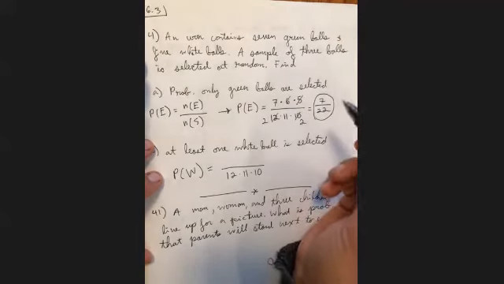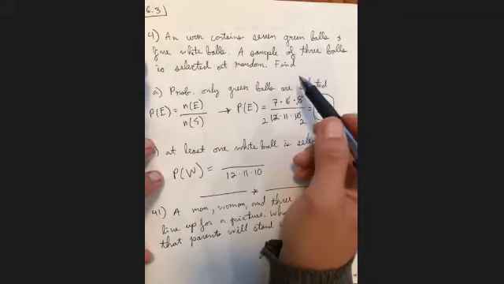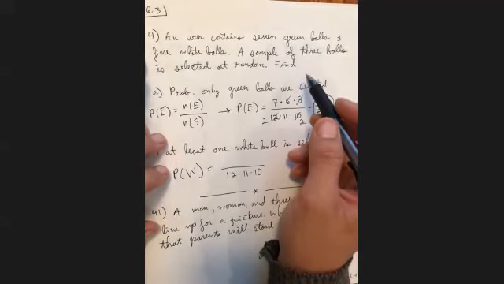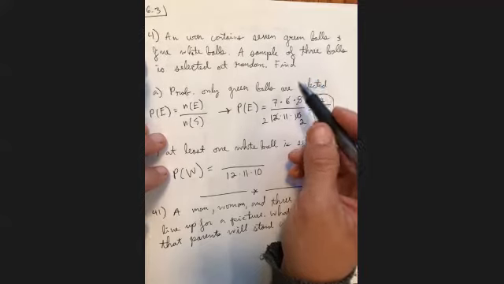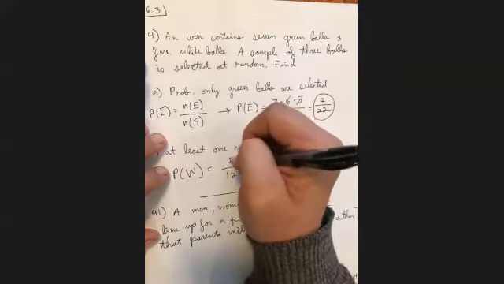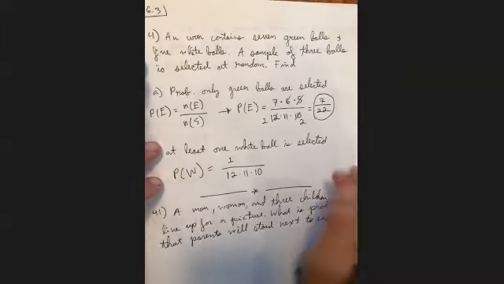So when we select that first ball, it's already fixed. There is no option. So there is only one way to select that white ball. I know that seems a little confusing, but we're fixing that outcome. There can be no other way.